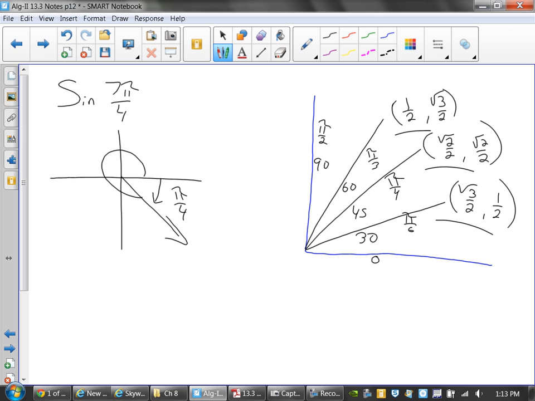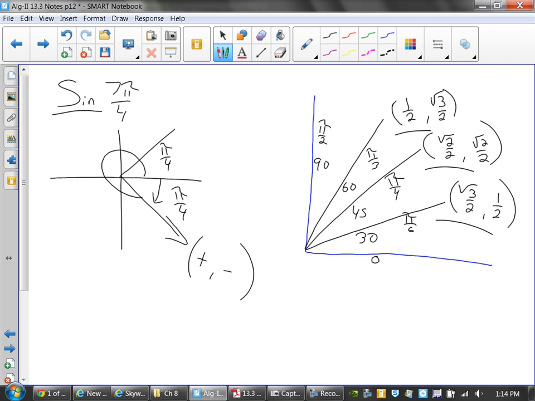I'm in the 4th quadrant, and I'm working with sine. In the 4th quadrant, sine is negative. So go to your reference angle for pi/4. Remember, pi/4 is the 45, 45, 90. If you have a pi/4 and a 45 angle, what does it sound like they have in common? 4.